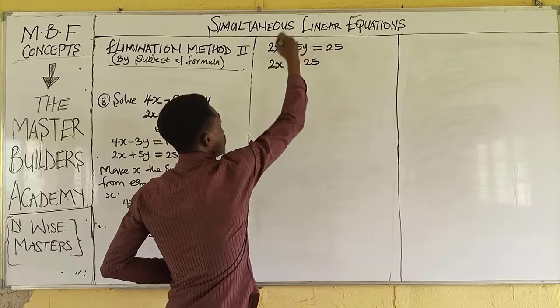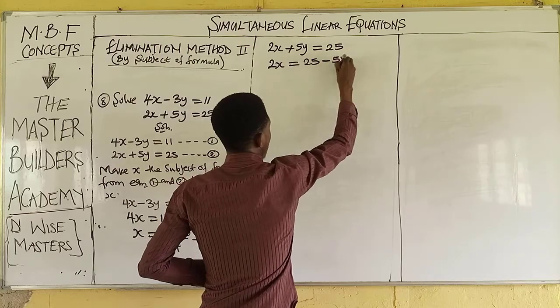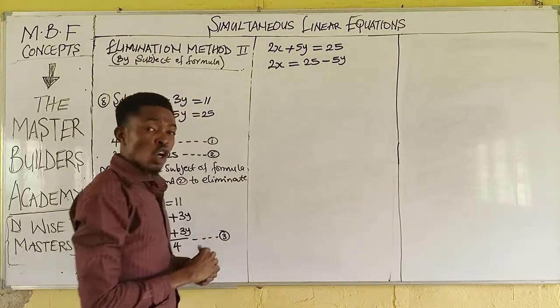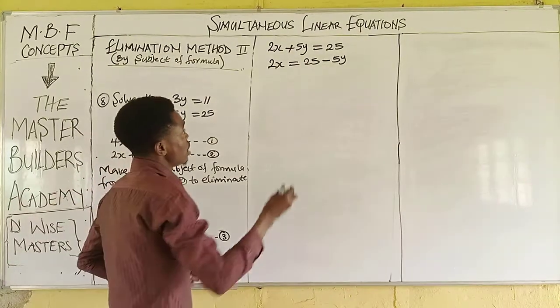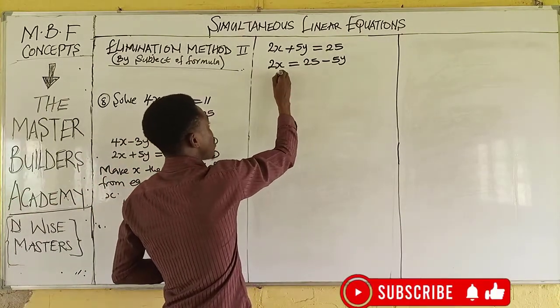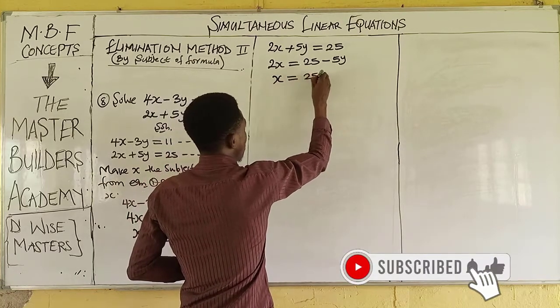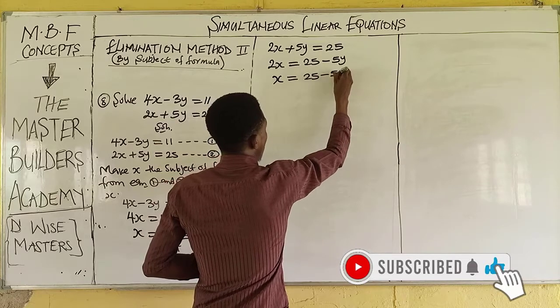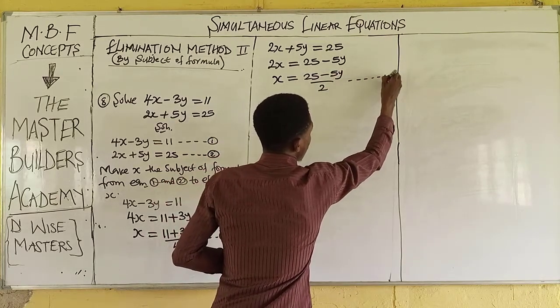As plus 5y crosses from the left to the right hand side, it becomes minus 5y. Please don't forget to be conscious of your sign anytime you collect like terms. I cannot leave my answer like this because the coefficient of x has to be 1, so I need to divide both sides by 2. I have this as 25 minus 5y over 2. Then I call this equation 4.